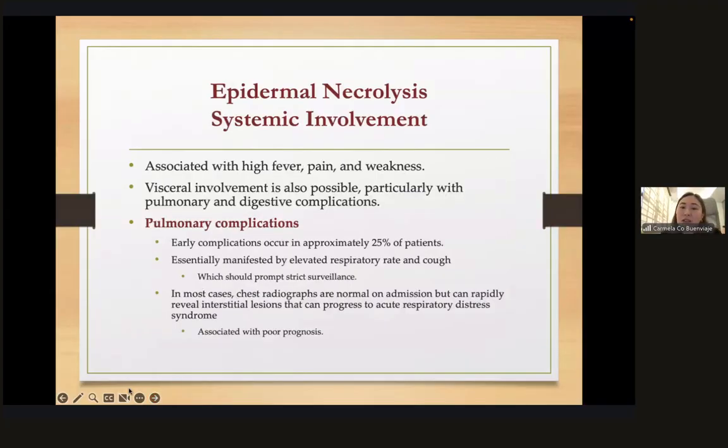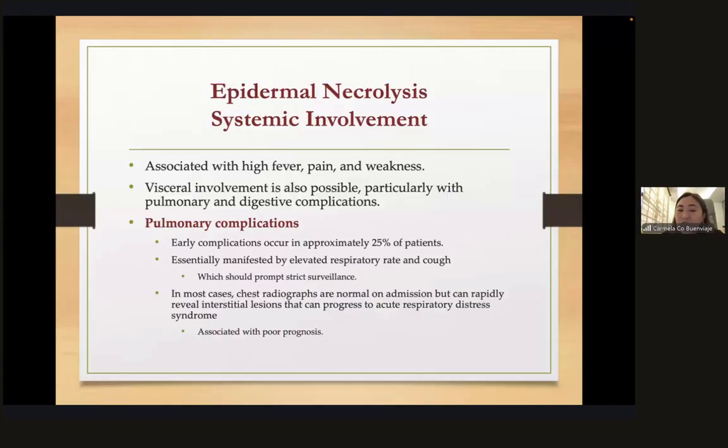Okay, so for systemic involvement, usually there's really high fever, pain, weakness. Visceral involvement is also possible, particularly with pulmonary and digestive complications. So let's look into the pulmonary complications. Early complications occur in approximately 25% of patients. It's essentially manifested by elevated respiratory rate and cough, which should prompt strict surveillance.